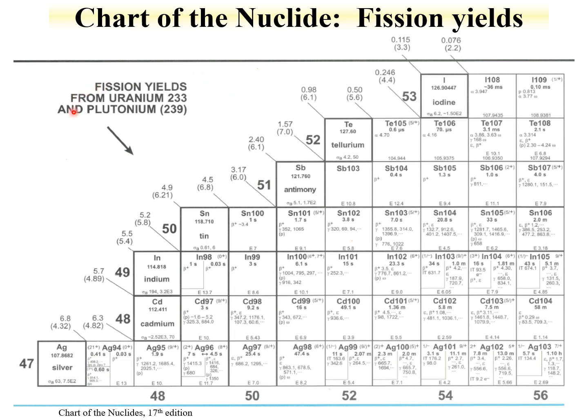nuclides. Here's an example. It says fission yields of uranium-233 and plutonium-239. The 239 is in parentheses. So for a given isobar, for instance, this 102, this 2.4 is for the fission yield of uranium-233. Plutonium-239 is in parentheses.